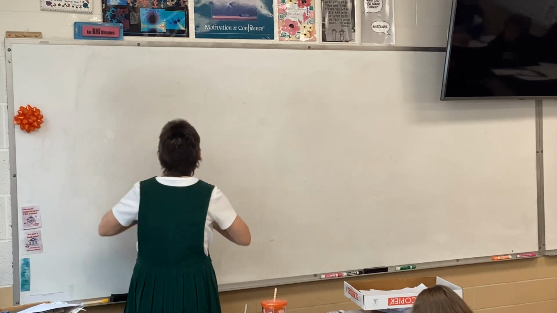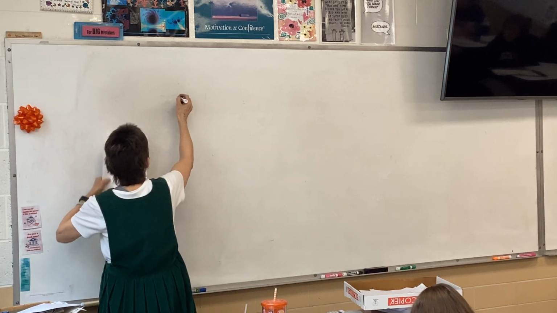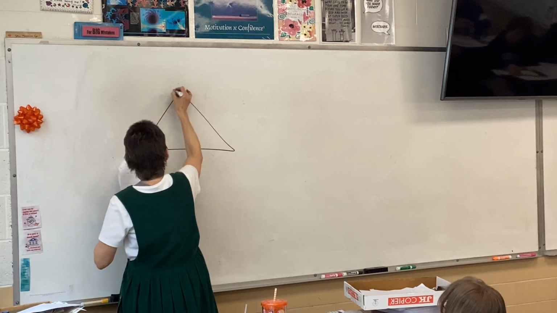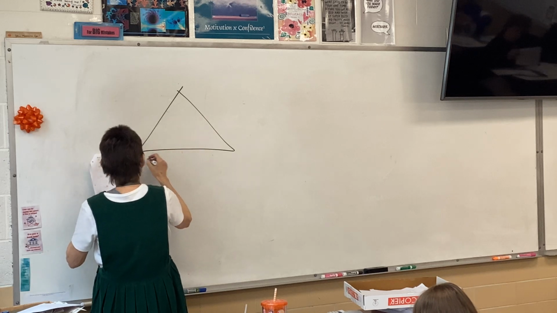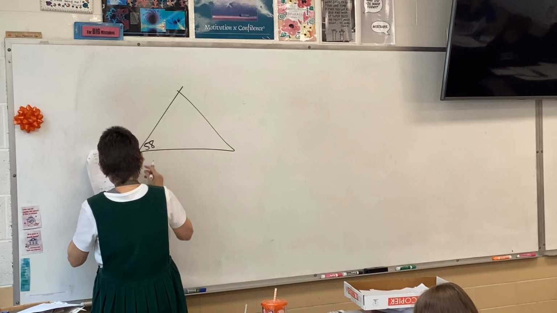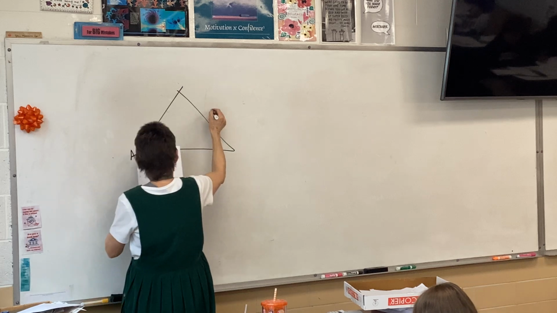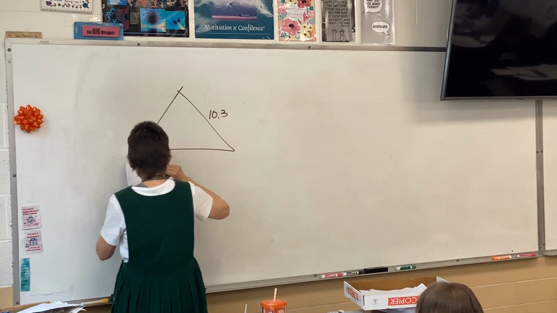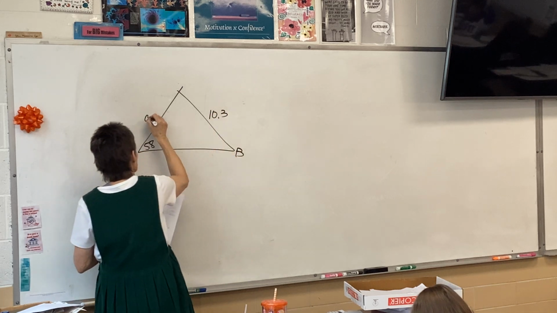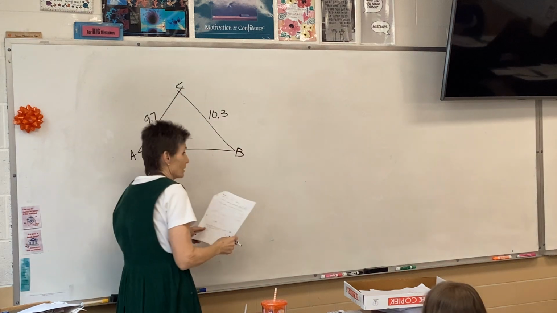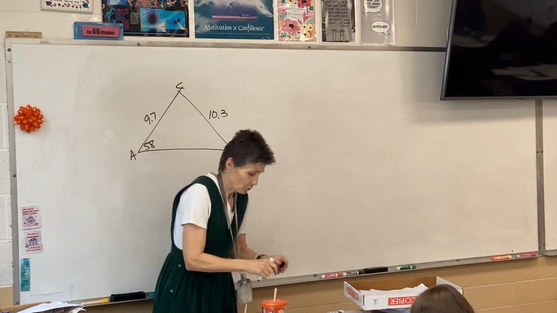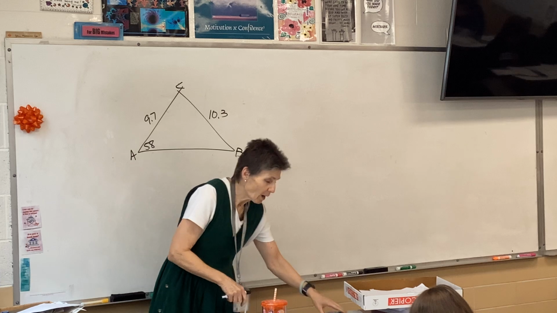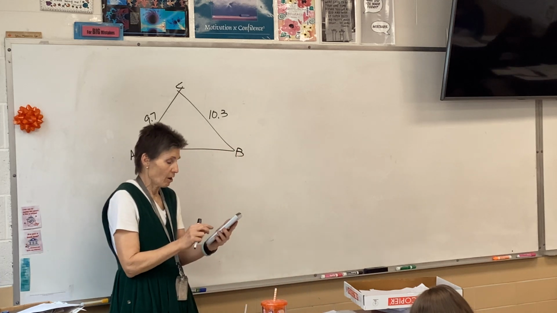Number 2. All right, question says, how many triangles are possible if angle A is 58, side A is 10.3, and side B is 9.7? So we want to know how many triangles are possible.